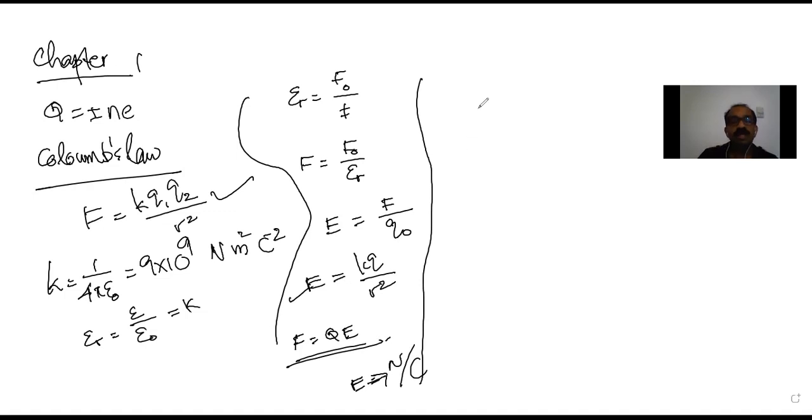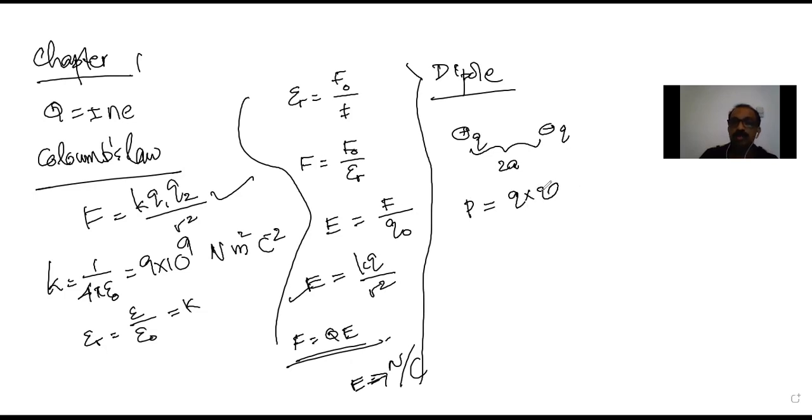Then we have the next point to think about, the electric dipole. An electric dipole is nothing but two equal and opposite point charges separated by a finite small distance. This distance is usually represented by the letter 2a, the distance between the two. A quantity associated with this is what is called dipole moment, represented by the letter p, which is q times the length.